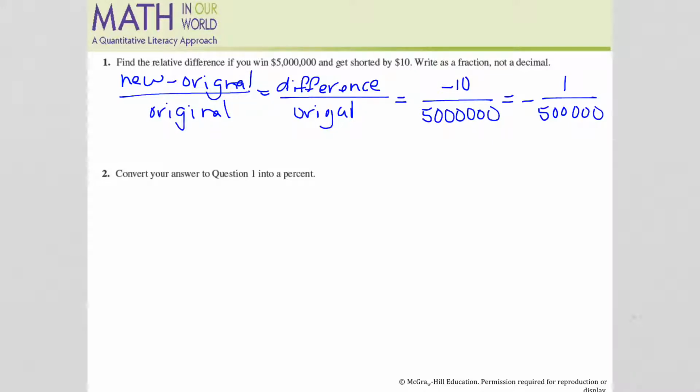It asks us to convert it to a percent. So if we divide, just use your calculator, we get 0.000002. Change that to a percent by moving the decimal 2 places to the right, and we get negative 0.0002%.